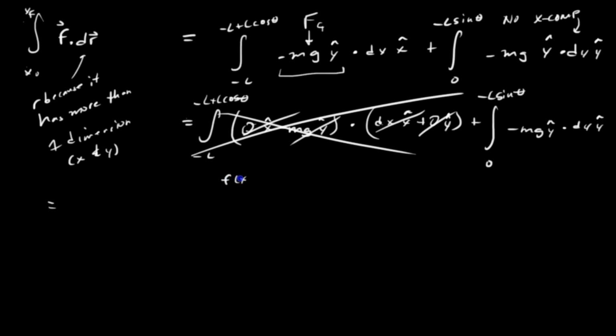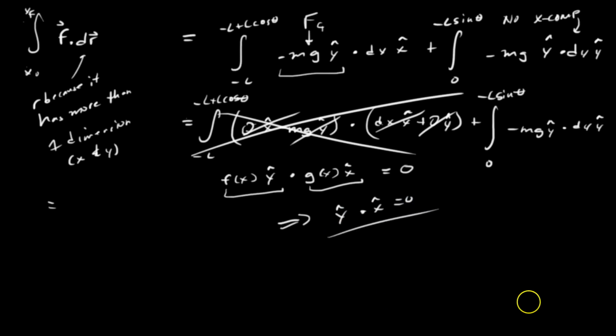So if we have any function in the y hat direction dot with any function in the x direction, since the first one is only in the y direction and the second one is only in the x direction, when we multiply their components, it's always equal to 0. And this leads us to the conclusion that y hat dot x hat is 0. Ta-da! And that's a powerful theorem that you use later in vector calculus. Okay, but that's just a quick derivation.